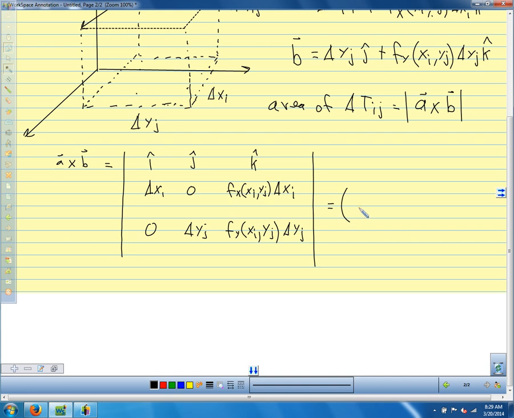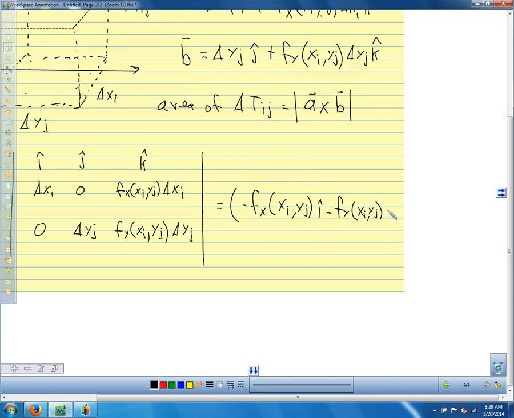So what we end up with is minus f sub x at x sub i, y sub j, i hat, minus f sub y at our particular point, x sub i, y sub j, j hat, plus k hat, and we have a common factor of delta x sub i, delta y sub j.